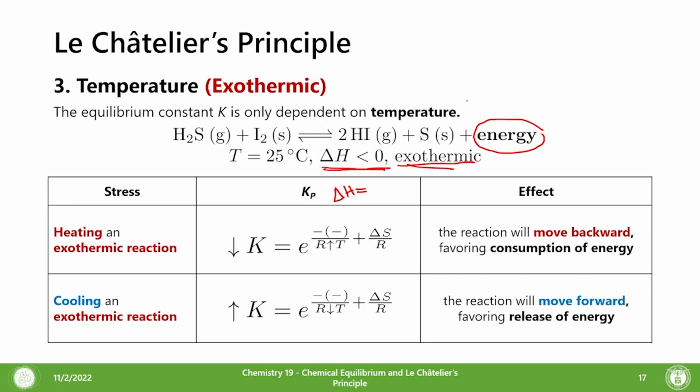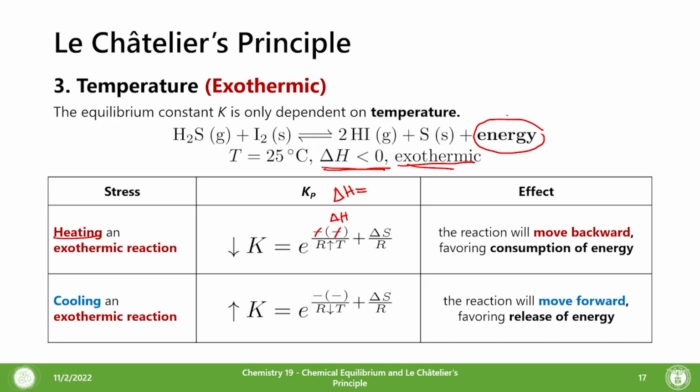Okay? So, let's say that our delta H here is negative. This will cancel out the negative sign in our exponent. Okay? So, if we heat an exothermic reaction, okay, let's speak in terms of Le Chatelier's principle muna, yung mga stresses and de-stressing.